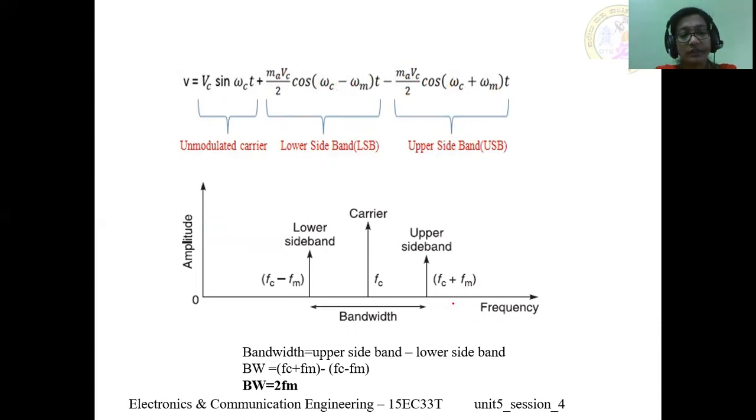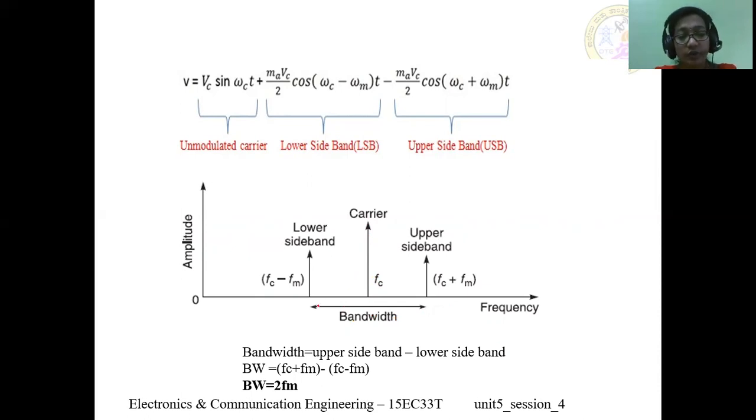So we can represent the mathematical representation of an AM in terms of sidebands. Here, if you plot frequency versus amplitude, we can plot this AM wave as having an unmodulated carrier. You can see the long line. This is fc, at the carrier frequency, the high frequency.